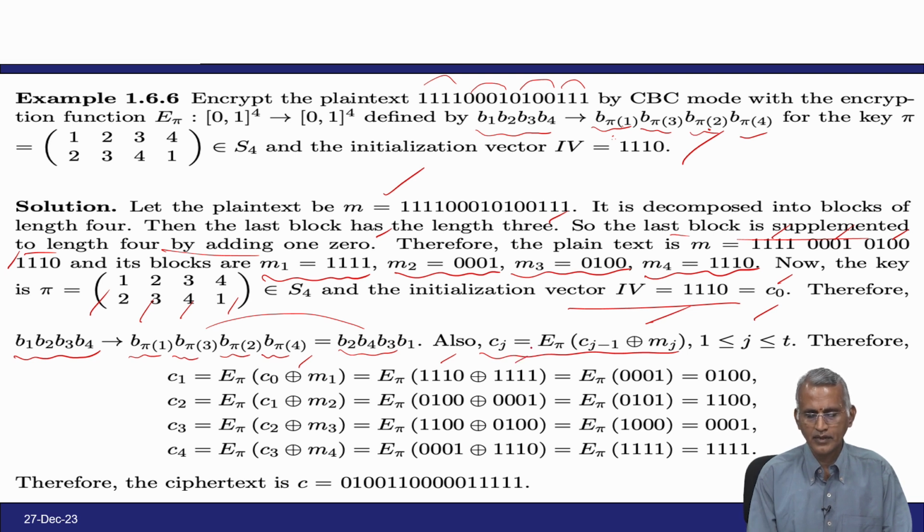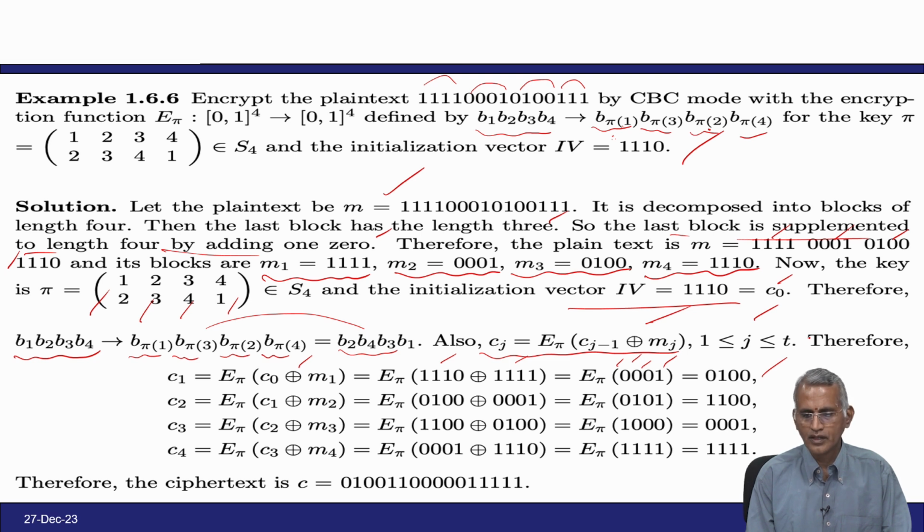Adding them: 0 plus 1 is 1, 1 plus 1 is 0, 1 plus 1 is 0, 1 plus 1 is 0. Therefore, E pi of 0001 maps to 2, therefore 0 1 0 0. So that is the corresponding 0 1 1 0.